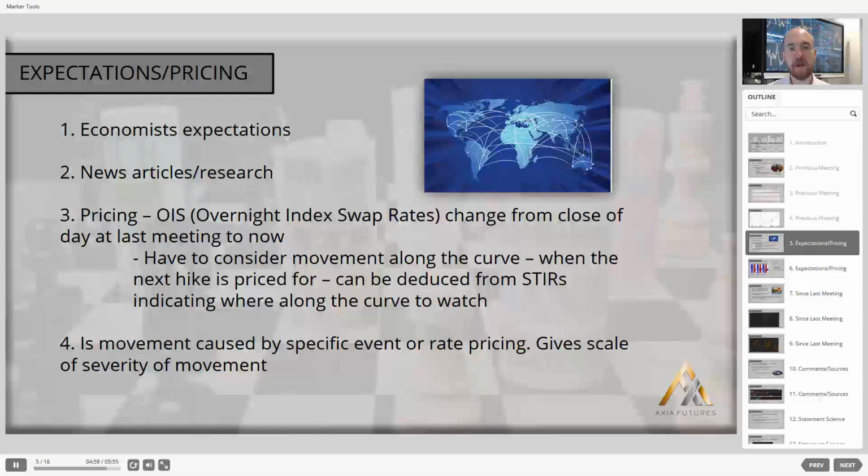Finally, what you've got to question yourself is, this pricing that you're seeing, has it been caused by a specific event, or is it purely related to the rates? I'll show you an example of this in a few slides' time, whereby a demand for a certain type of asset has effectively created a pricing showing a greater interest rate cut than is actually in the market or likely to be coming.